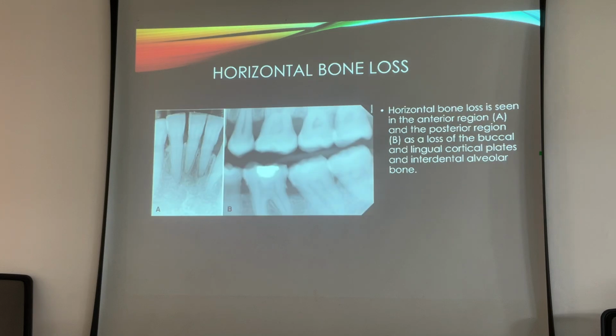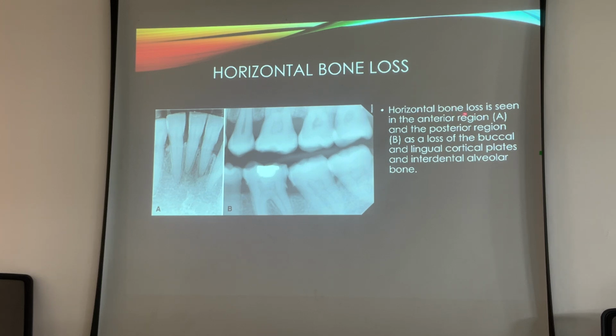The next one is horizontal bone loss. After early bone changes, the cortical bone is the first defense mechanism of the periodontal condition. That means if the cortical bone is lost, then the periodontitis will continue to spread in the periodontal condition.